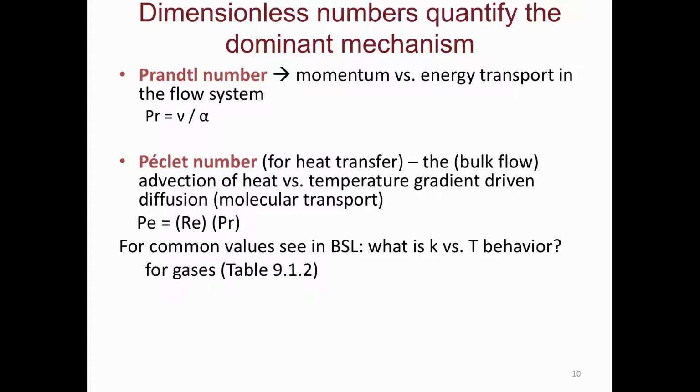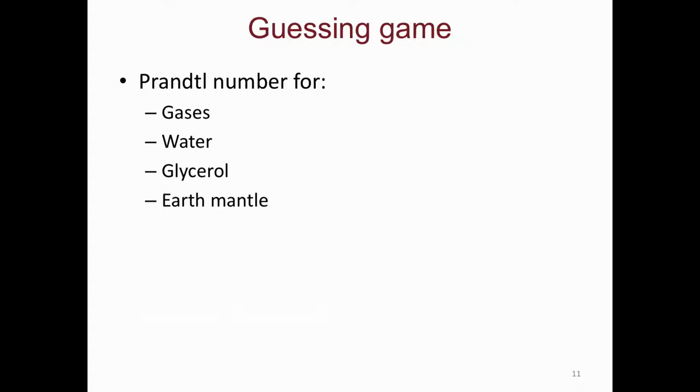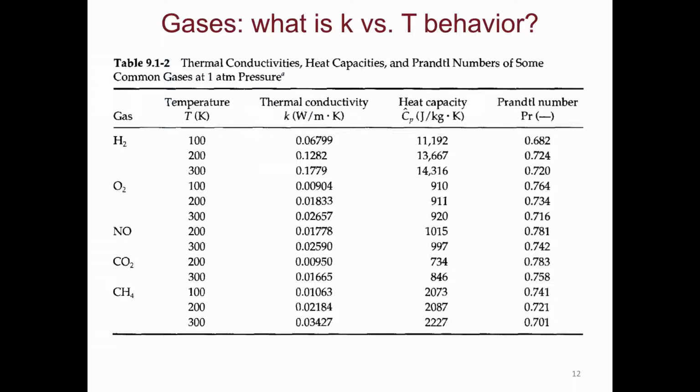Okay. So we have different tables in the textbook just to look at some of this behavior of thermal conductivity versus temperature. In essence, we were doing this guessing game last time around, but it's actually a little hard to pinpoint the precise dependence. So I will have thermal conductivity in general increase with temperature for some simple gases.